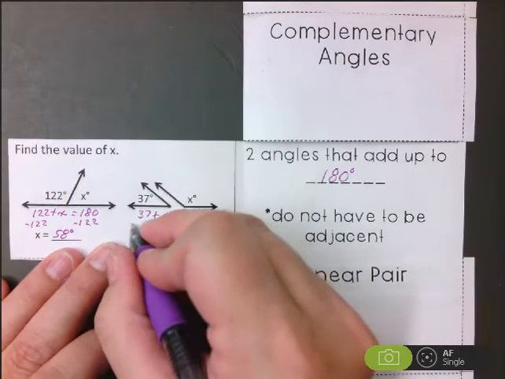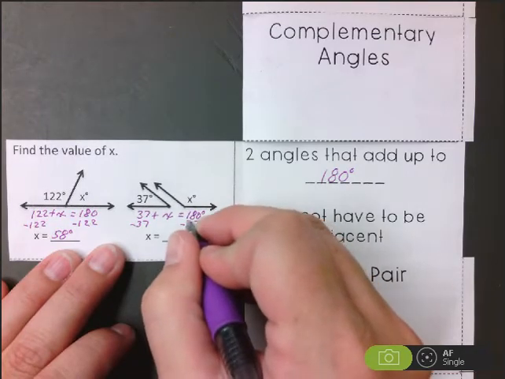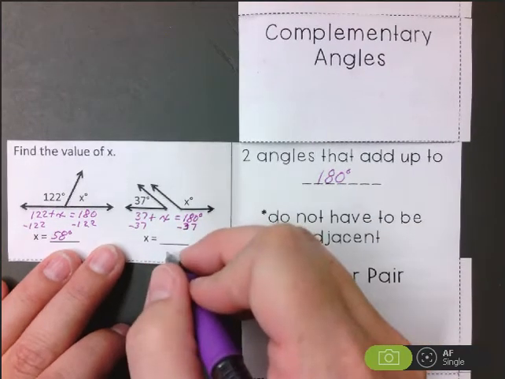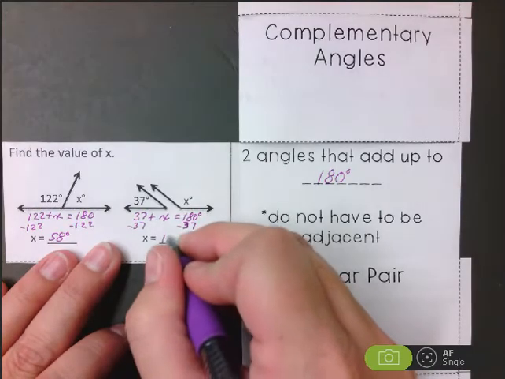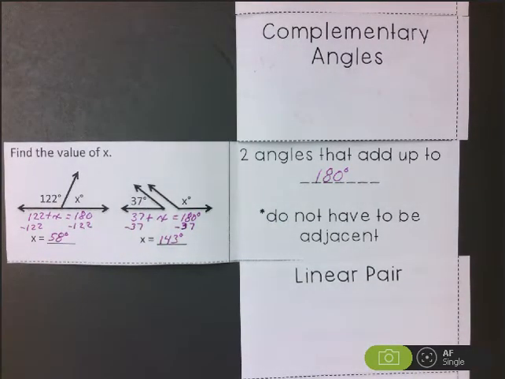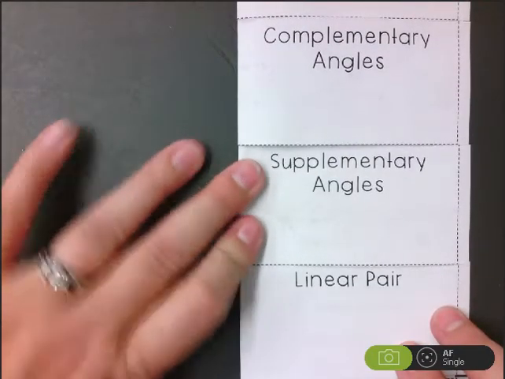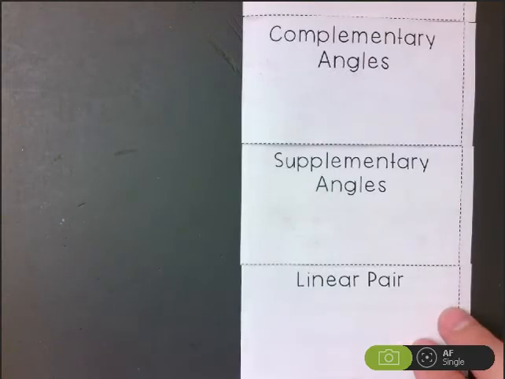So we're going to subtract 37 from both sides, and we end up with x equals 143 degrees. So subtracting 37 from both sides, we end up with 143 degrees. Okay? Alright, so that is supplementary. Two angles that add up to 180 degrees.